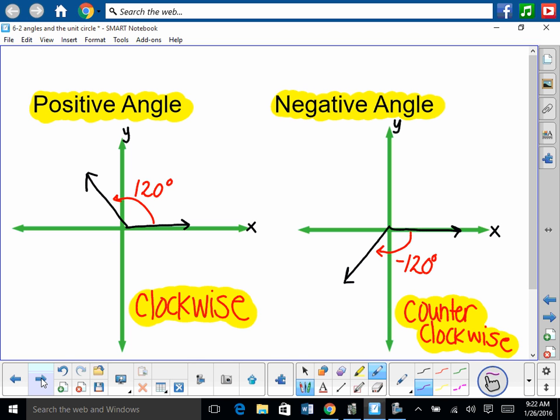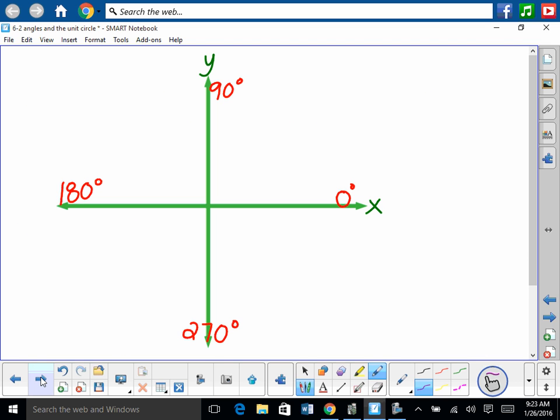So going counterclockwise, that creates a negative angle. So that's negative 120 degrees. Do you see the difference between positive 120 degrees and negative 120 degrees? Because we're going the other way, underneath, for negative. Okay, so we're going to have positive angles and negative angles. They are different. Questions on that? So working counterclockwise is negative, clockwise is positive.